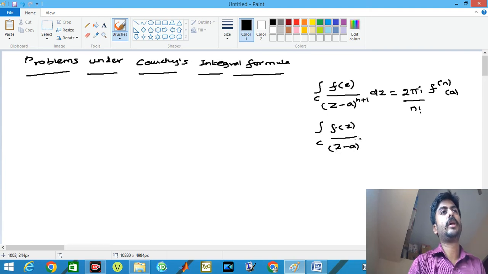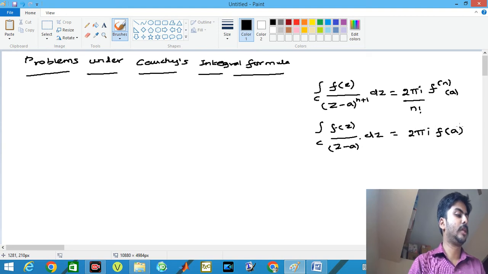That is, f of a by (z minus a) whole power 1 dz, here n equal to 0. 0 factorial is also 1. So 2 pi i into the 0th derivative of f at a, which is f of a. So 2 pi i into f of a.